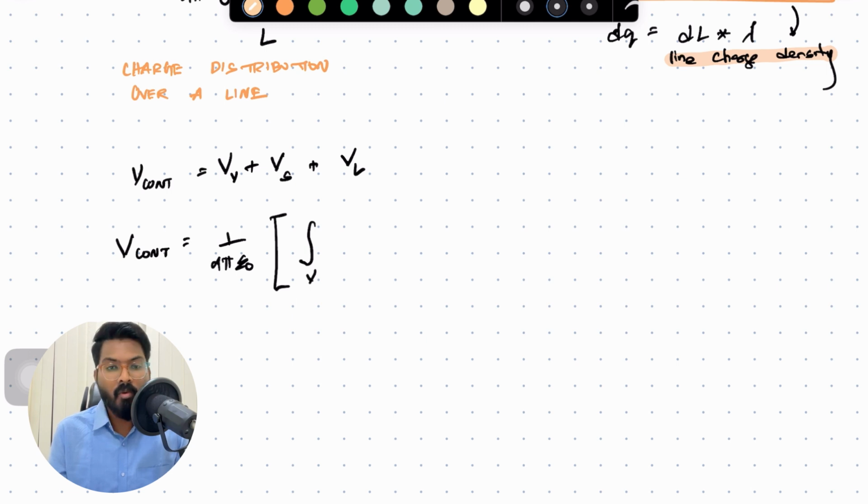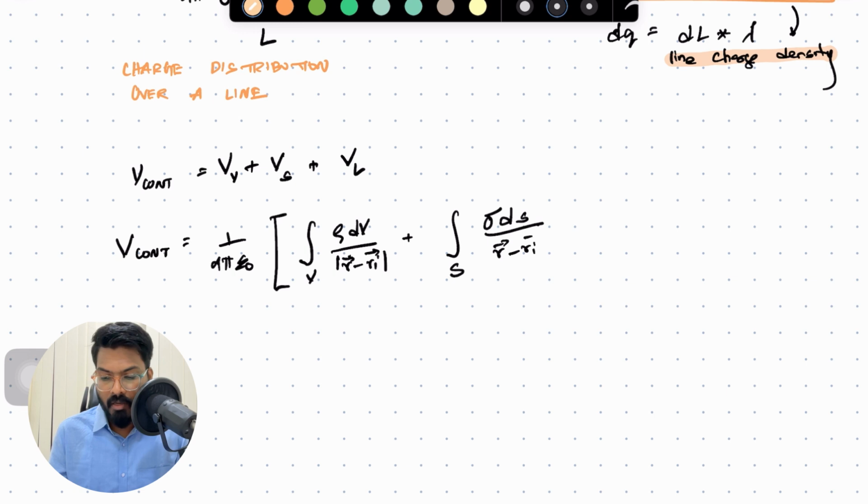We do the integral over volume of volume density multiplied by volume, over r vector minus ri vector, plus the integral over surface of surface charge density multiplied by surface area, over r vector minus ri vector, plus the integral over length of line charge density multiplied by length of line, over r vector minus ri vector.